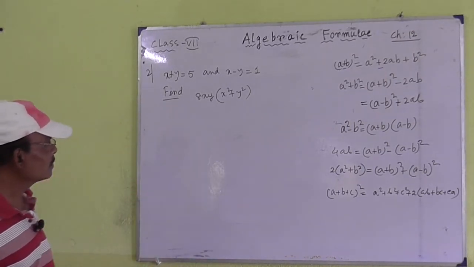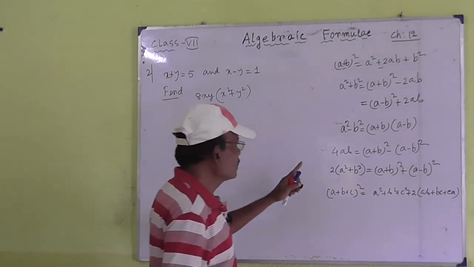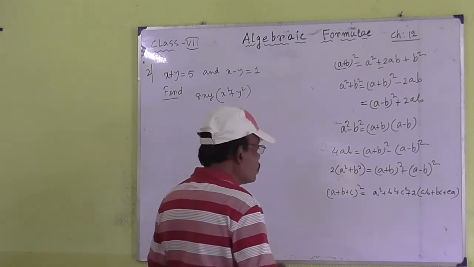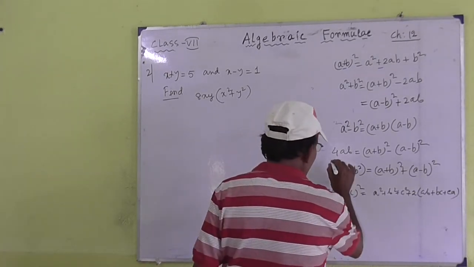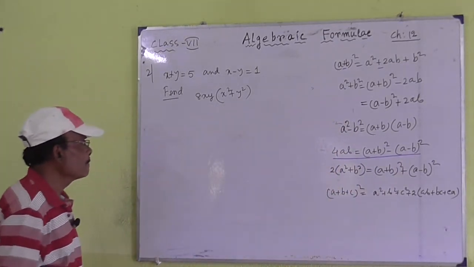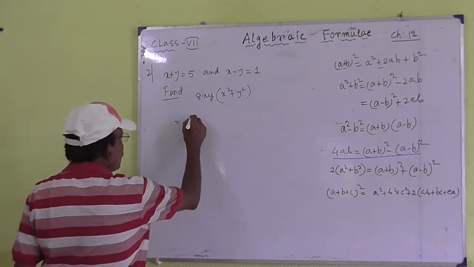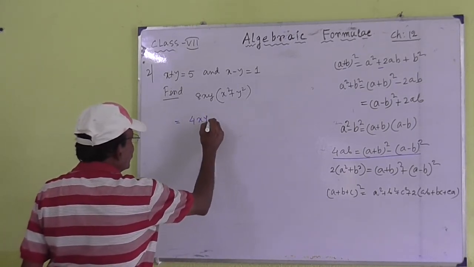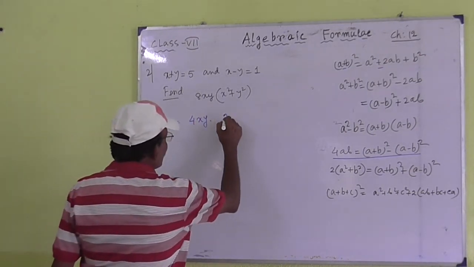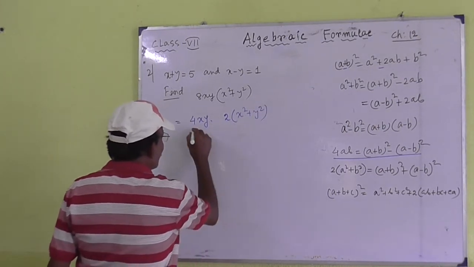Now, first, how do I arrange? Here 4ab equal to a plus b whole square minus a minus b whole square. If I arrange this, 4xy, the rest are 2 into x square plus y square.